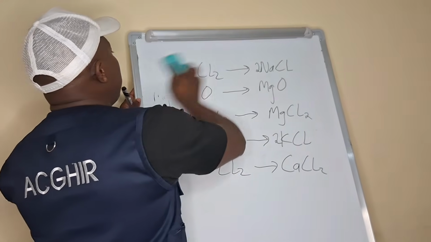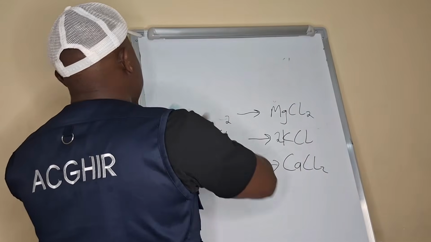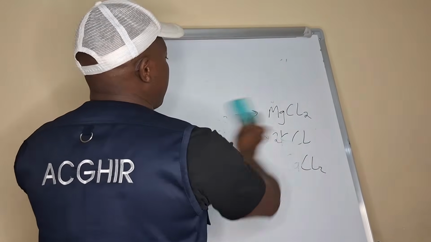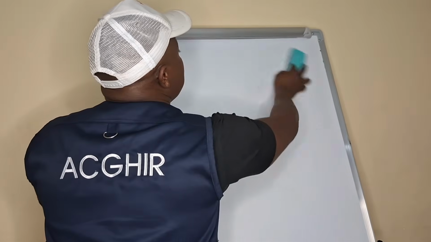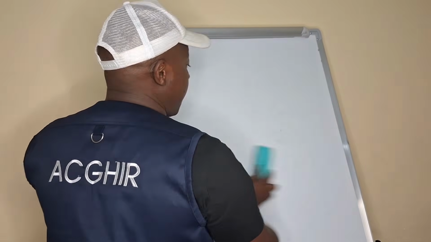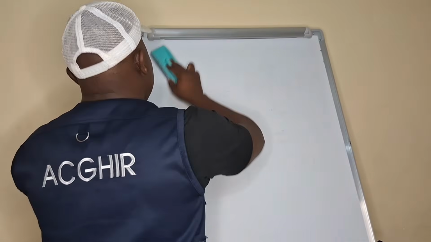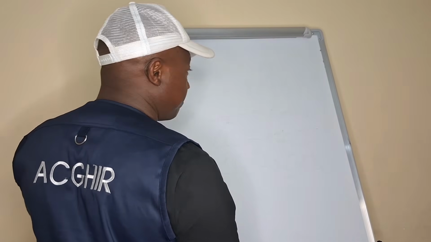So we are going to rub the board and then we try to look at balancing covalent compounds. Balancing equations, ladies and gentlemen, is very, very important for chemists, because whenever you write your chemical equations, they should be balanced.